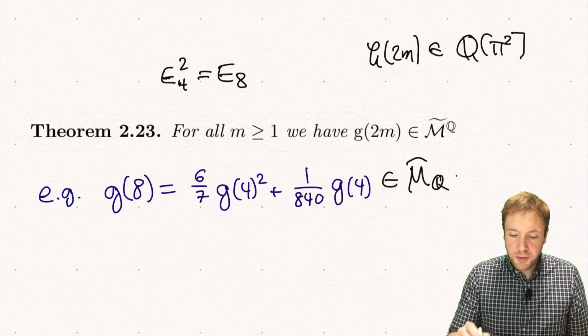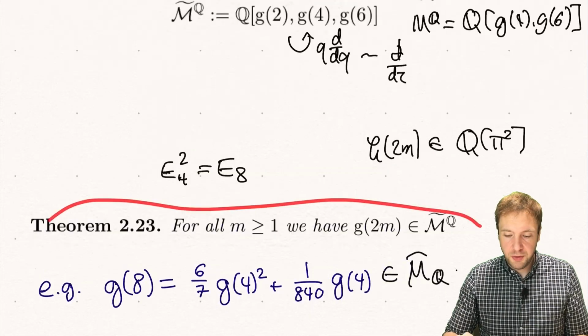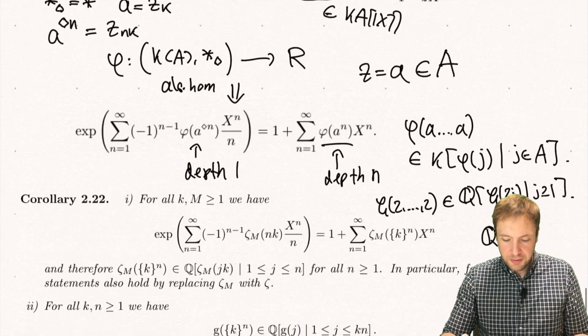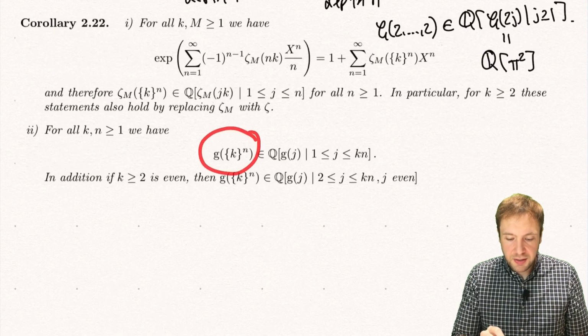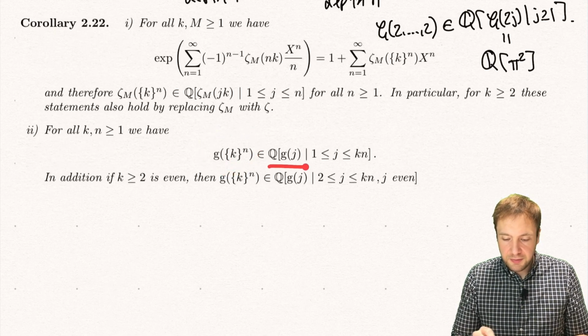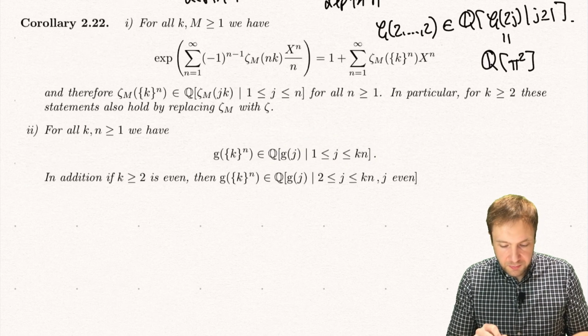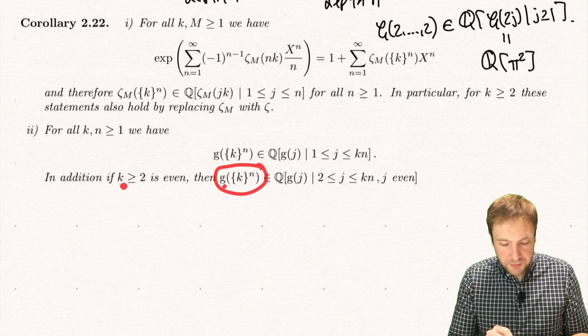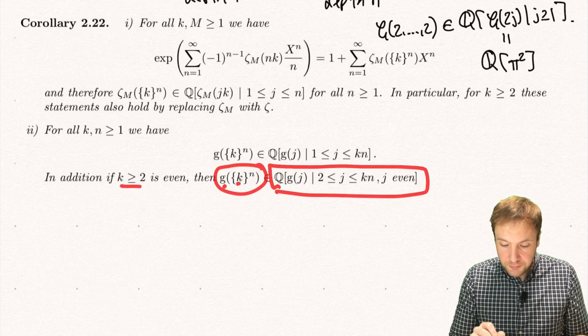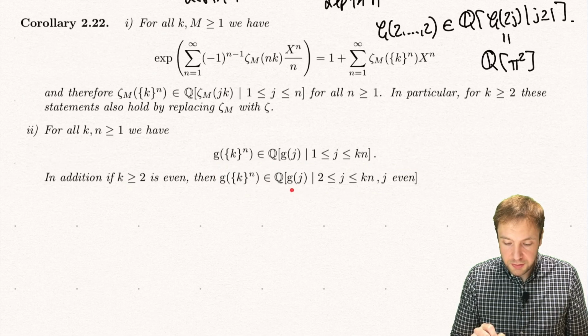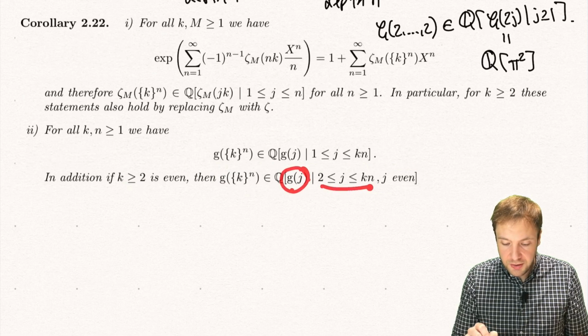But one consequence of this is, if we go back to this statement here, so we saw that G k k k k is a polynomial in single g's, and also, which I didn't mention yet, if they are all even, one can show that this is a polynomial in just single g's which are even.